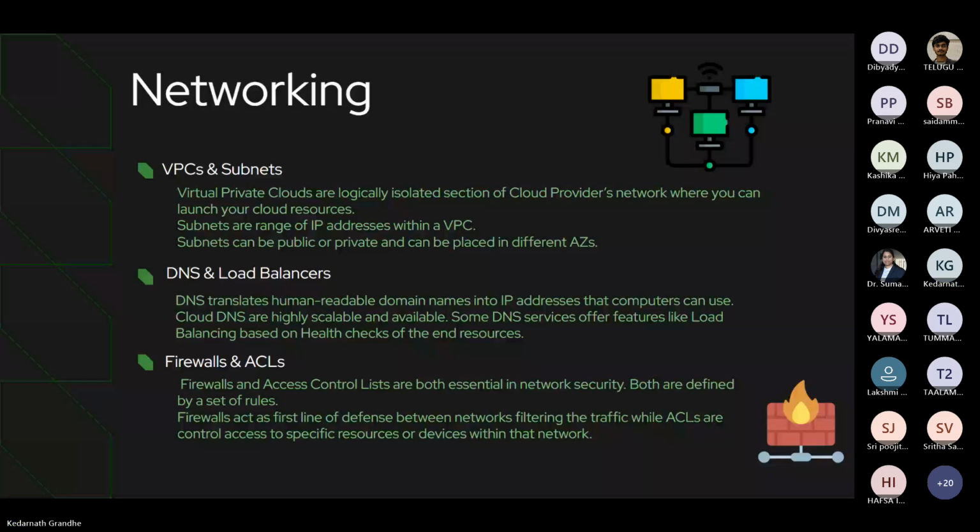When it load balances to different VMs in the backend, it will do health checks from time to time, and it knows which VM is up and running, which is in a healthy state, right? So it stops sending traffic to any VM that is considered unhealthy, so that any traffic that is processed is going to a healthy VM.